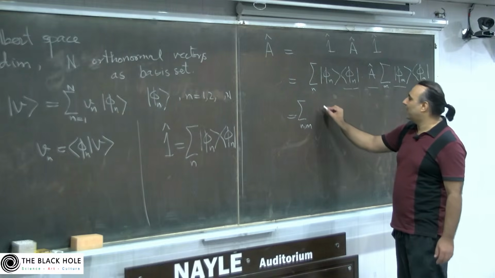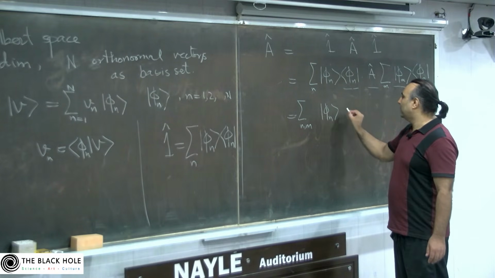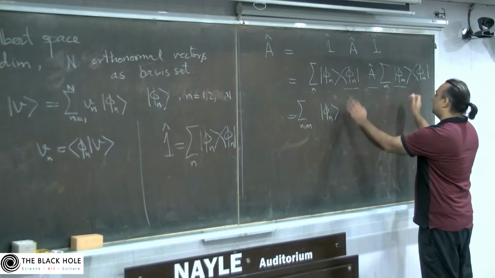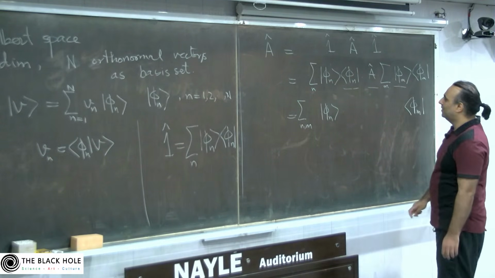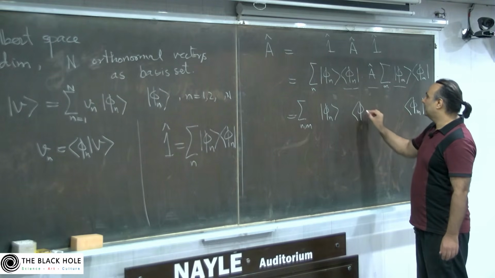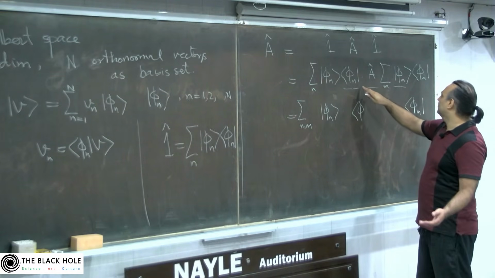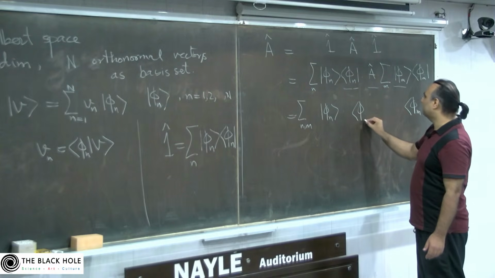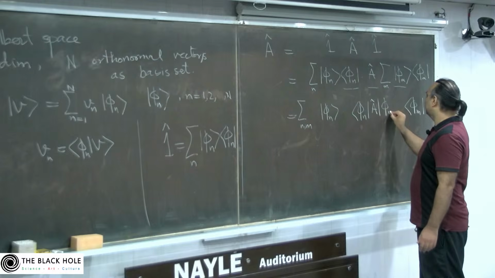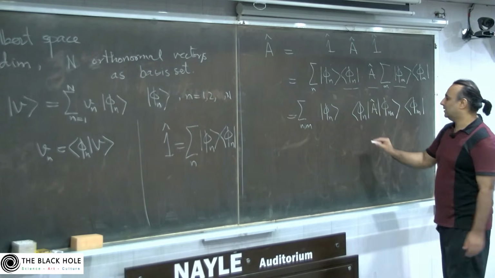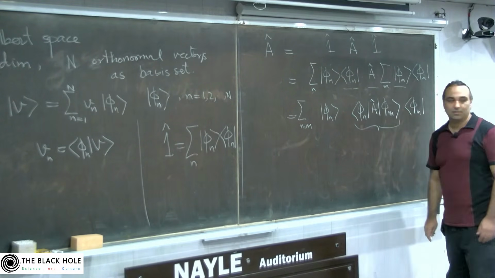So we have phi n, and then that number, phi m, and we can remove extra lines if we want. So this is a number.